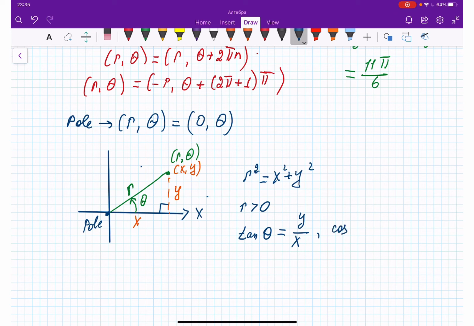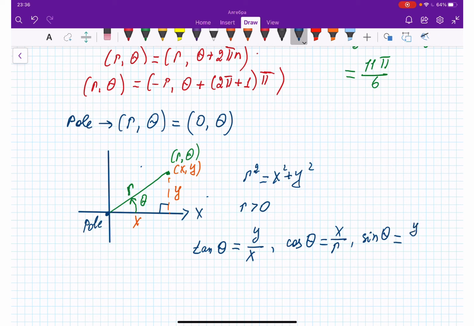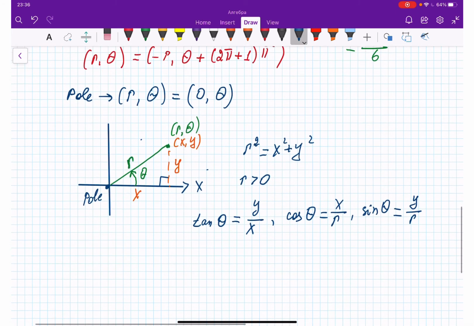Cosine theta is equal to the adjacent leg over the hypotenuse. Sine theta is equal to the opposite leg over the hypotenuse.